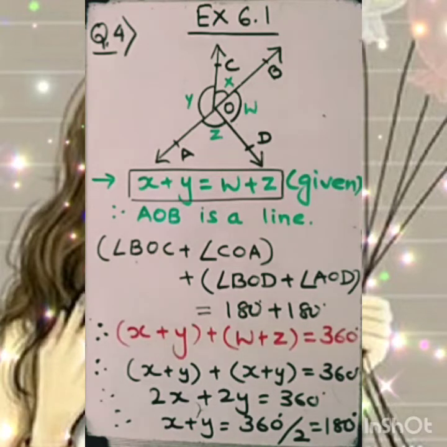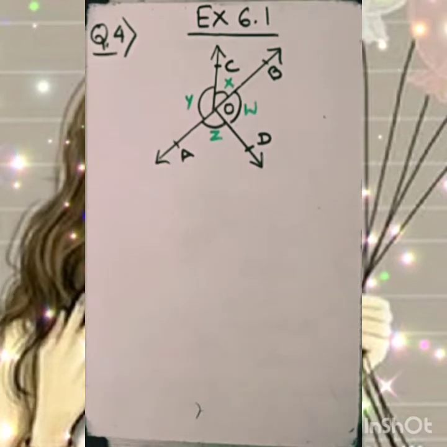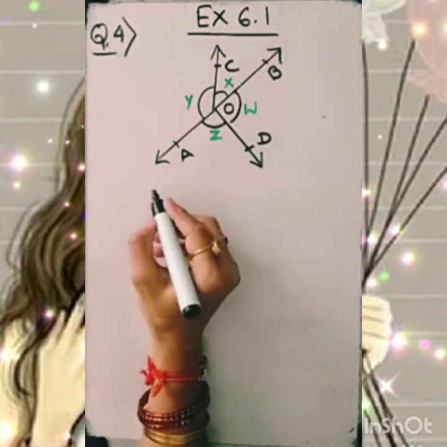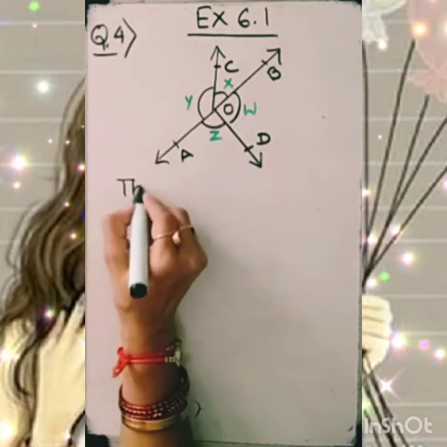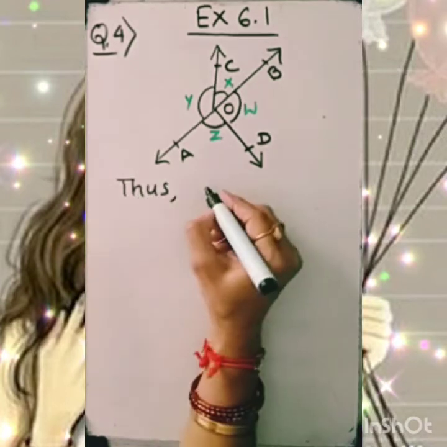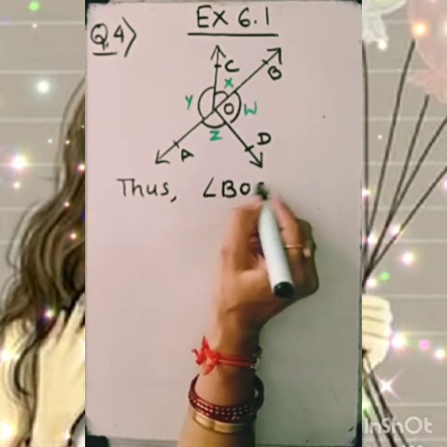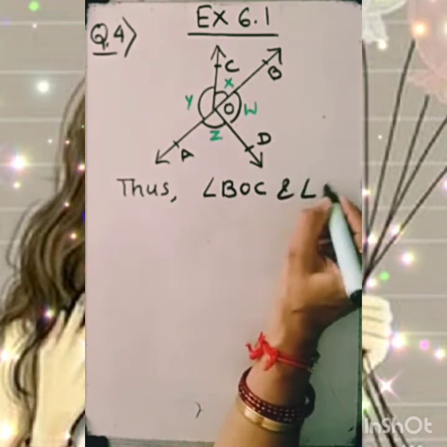So the final statement, according to the requirement of the question, let's write it. Now we are going to write in statement form. We can say here thus angle BOC and angle COA.